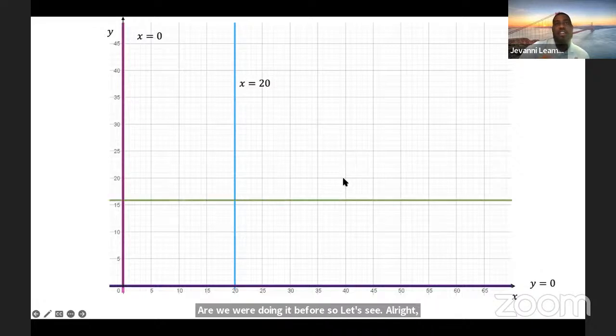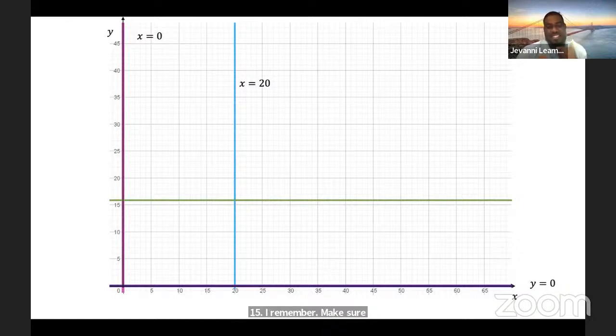All right, the green line. What is the green line? Sir, would that be y equals 15? And remember, make sure you're drawing these things, actually plotting these lines on your graphs.